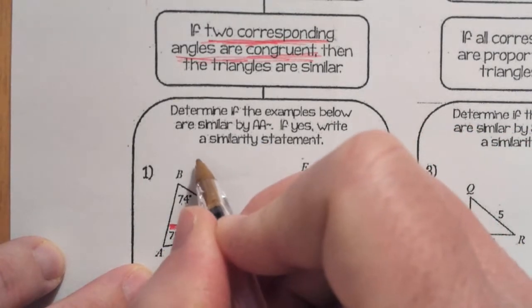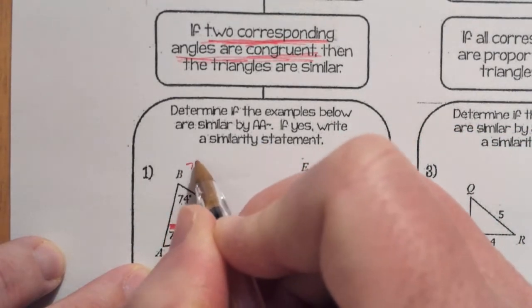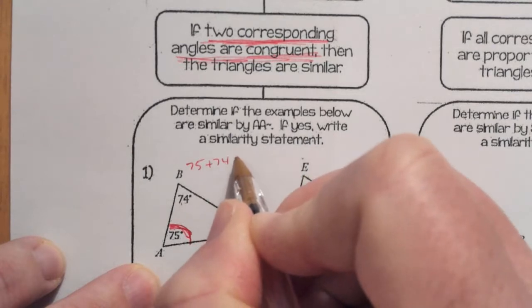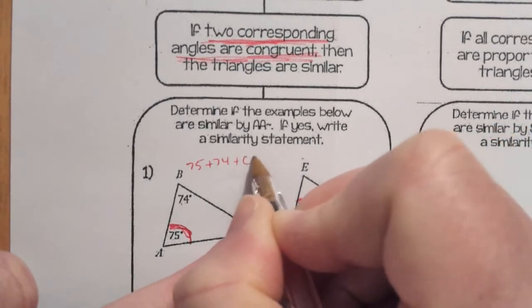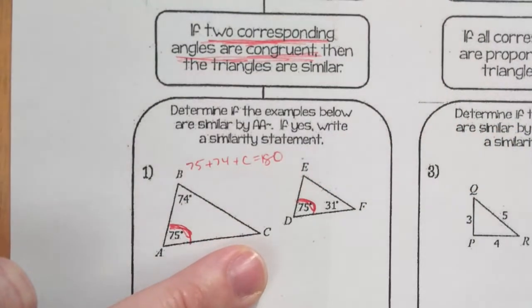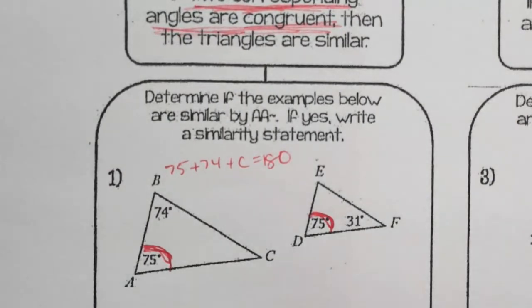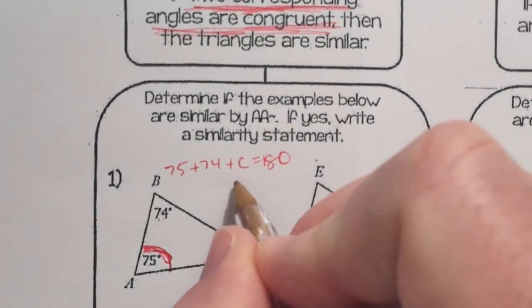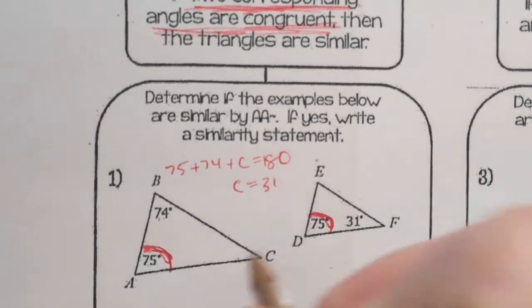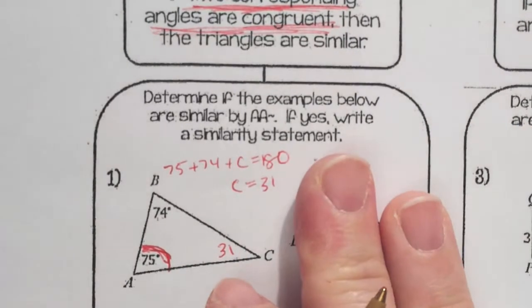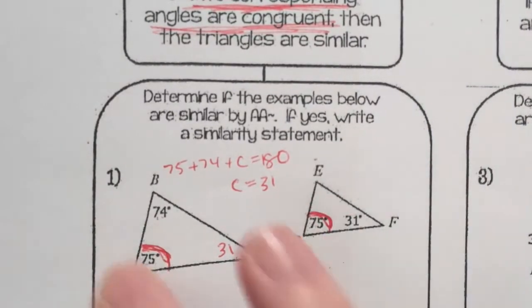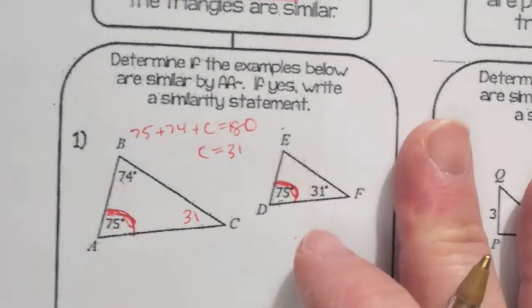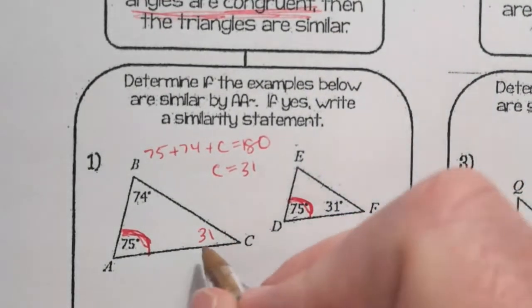I know that 75 plus 74 plus our angle C is equal to 180. So we need to solve, right? If we take 180 and subtract that 75 and that 74, what would angle C have to be? It would have to be 31. And we didn't look over at this other triangle because this triangle may not have anything to do with this. We don't know yet. Okay, so this is 31.